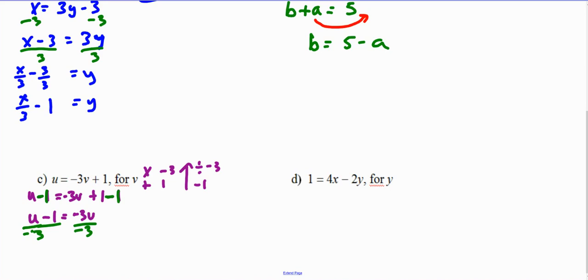All right. So we have b is going to make it a positive b now. And we'll just leave it like that.